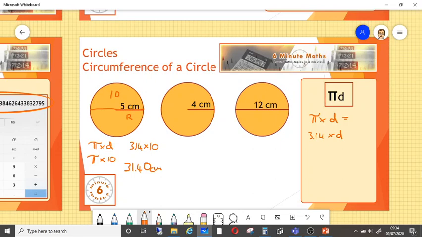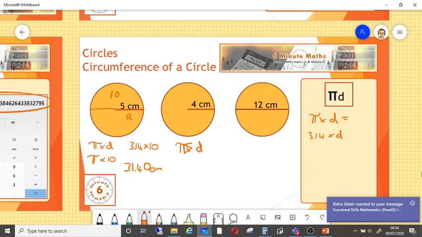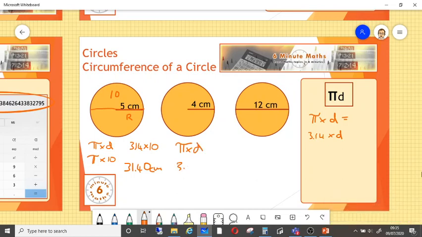Okay, so this second one is still the same, pi times diameter. Just put my D in. So it's 3.14 times by 4.